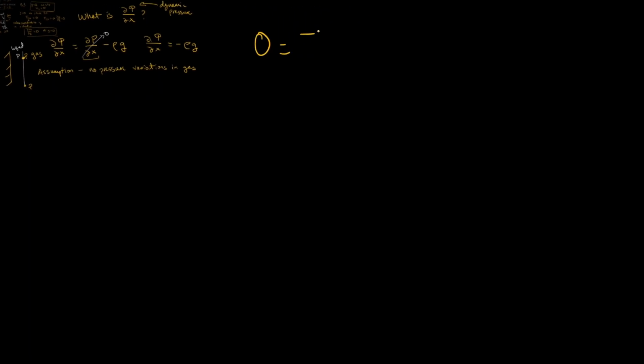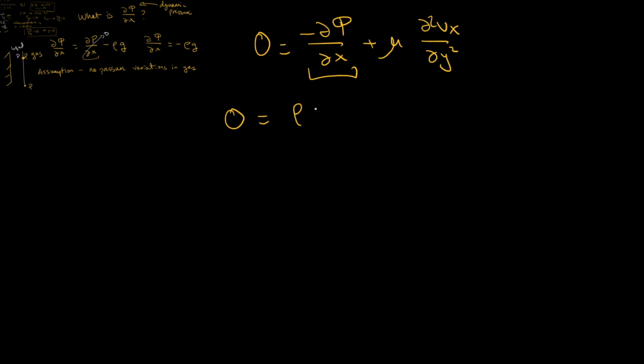So rewriting that previous equation we had, we can plug in this term that we solved for earlier. So that's 0 is equal to rho g.